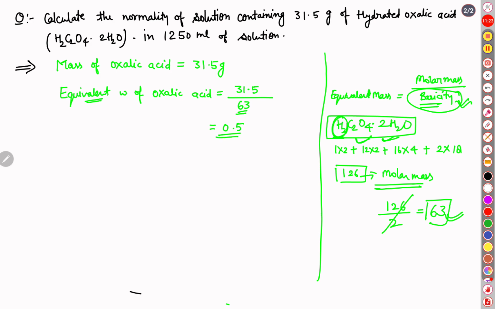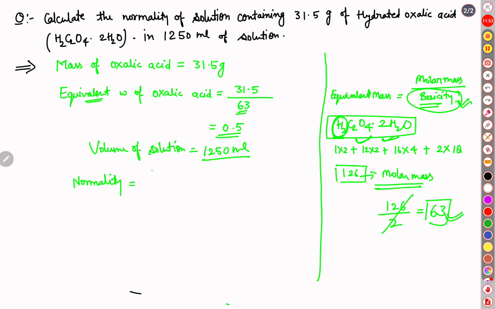Now the volume of solution is given already, 1250 ml. Clear? Now what is the normality? Normality is equal to, by the normality formula, number of gram equivalents of solute by volume of solution in ml into 1000.